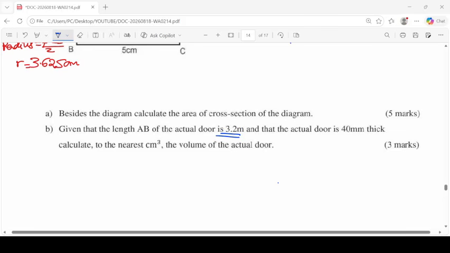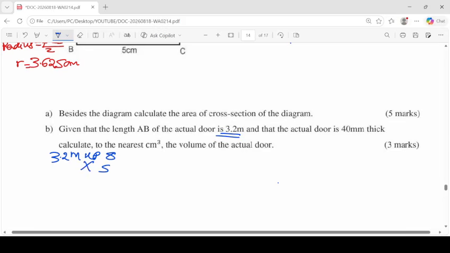if 3.2 meters is being represented by 8, what about the width, which is 5? What is the actual width?